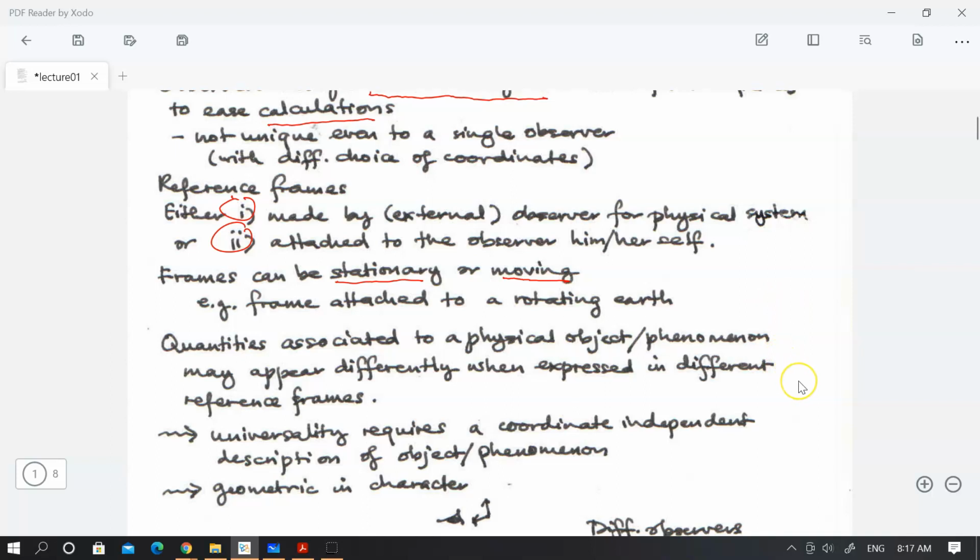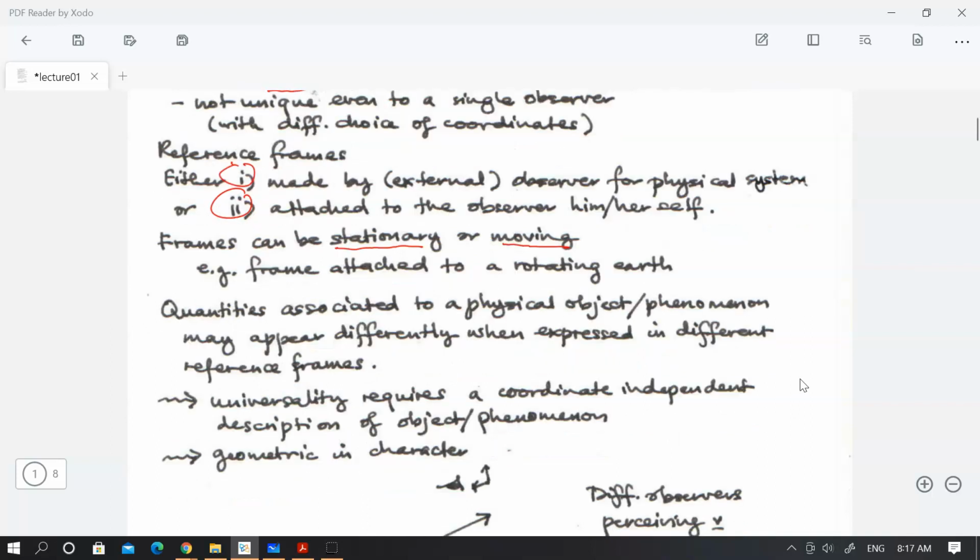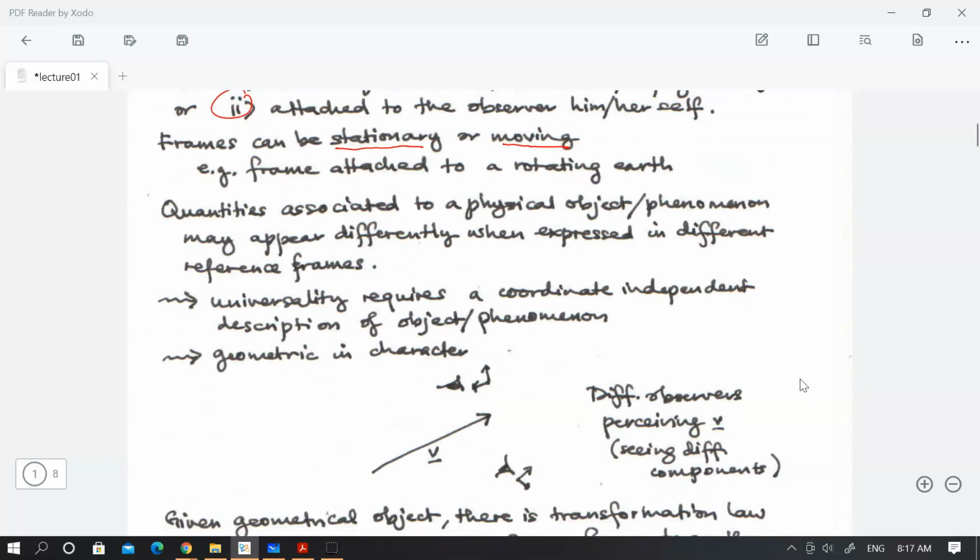So one of the things that we have mentioned before is that the physical laws themselves must have a sense of universality. In other words, how can we get this universality when everything you do depends on the coordinate systems or the reference frame?